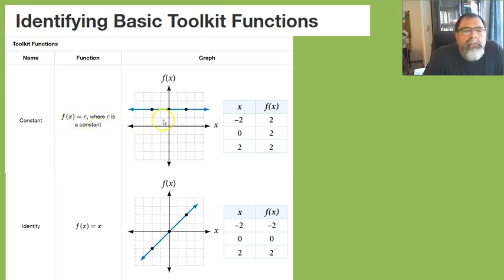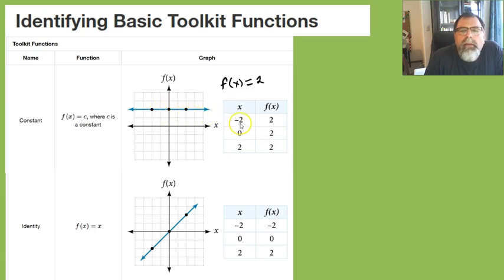So for instance, if f of x was equal to 2, no matter what your input value is, the output value would always be equal to 2. So this would be called a constant function.